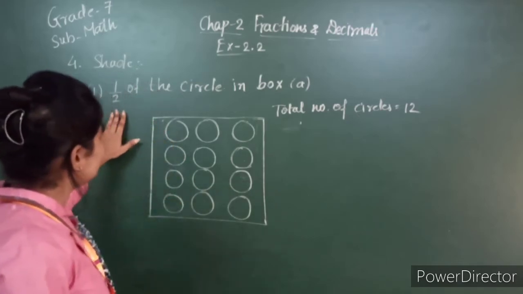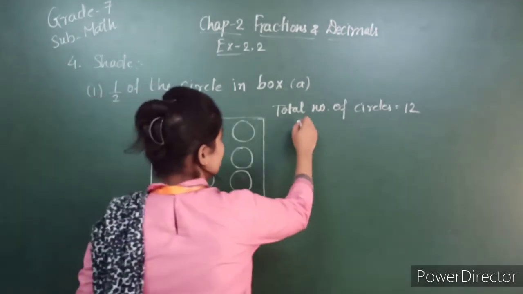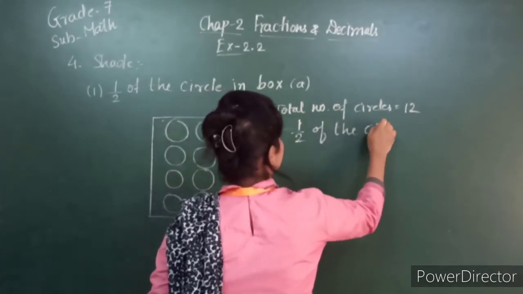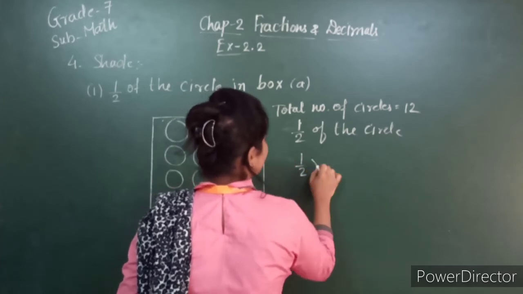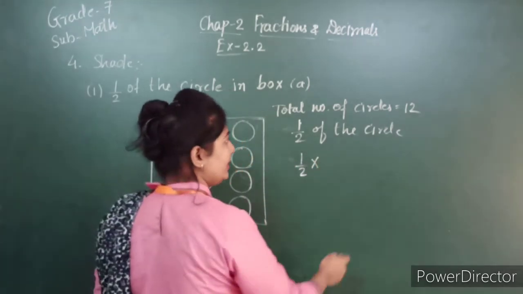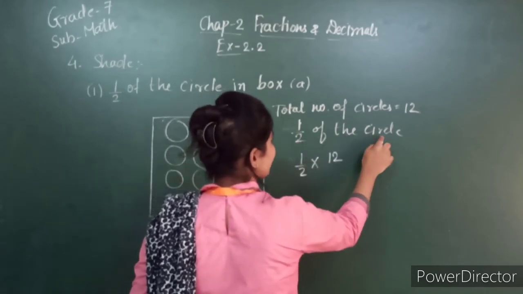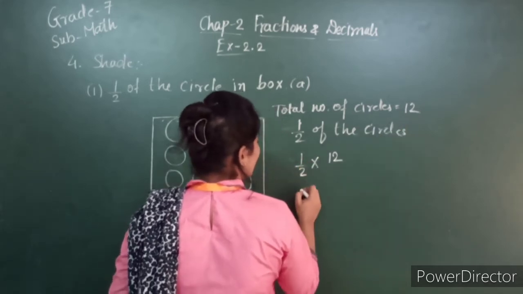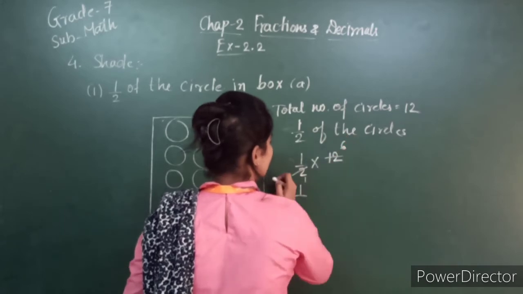Now we have to shade 1 by 2 of the circles. Here 1 by 2 of it means we have to multiply. Here we have to write 12 because there are total 12 circles. So 1 by 2, here 2 ones are 2, 2 6s are 12.